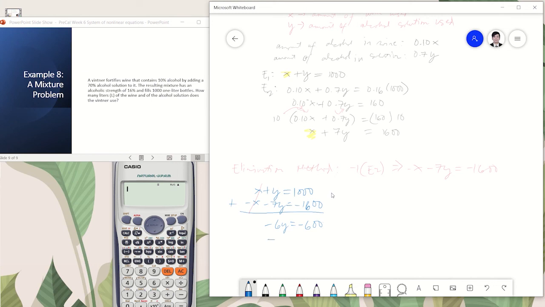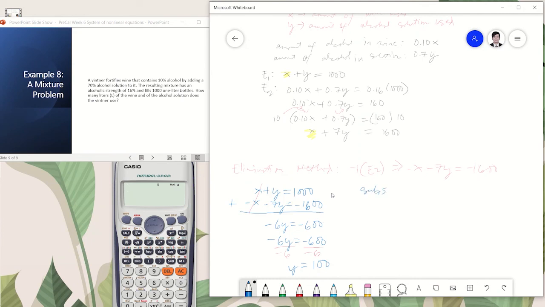Then we divide both sides by negative 6. So y is equal to positive 100. So we already have the y, which is 100. That means that the amount of alcohol solution used is 100 liters.